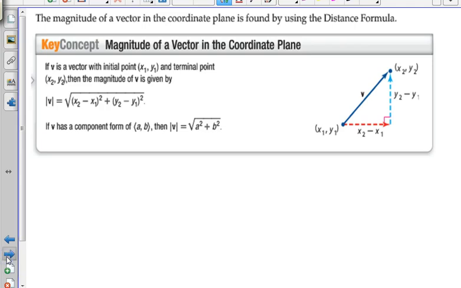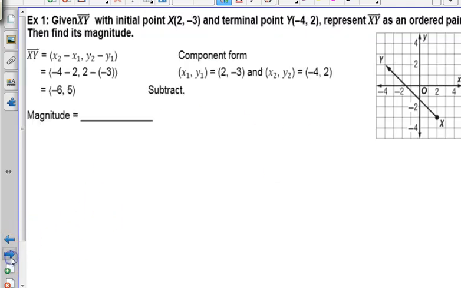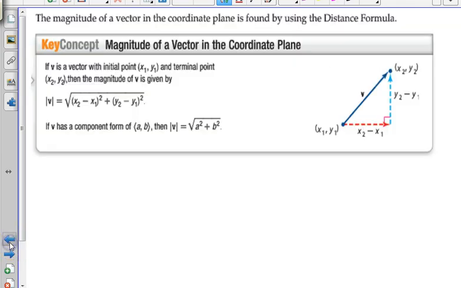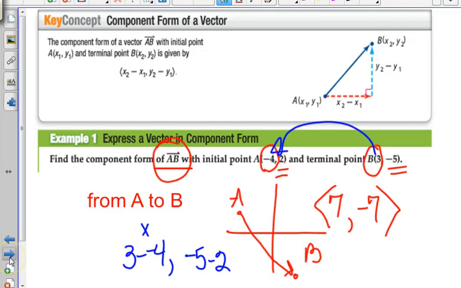All right. Then to find the magnitude, it's just how long the vector is. So if we know it goes from here to here, we could use the distance formula, but couldn't we also just use the Pythagorean theorem if we broke it into components? All right, so that's what we're going to do.